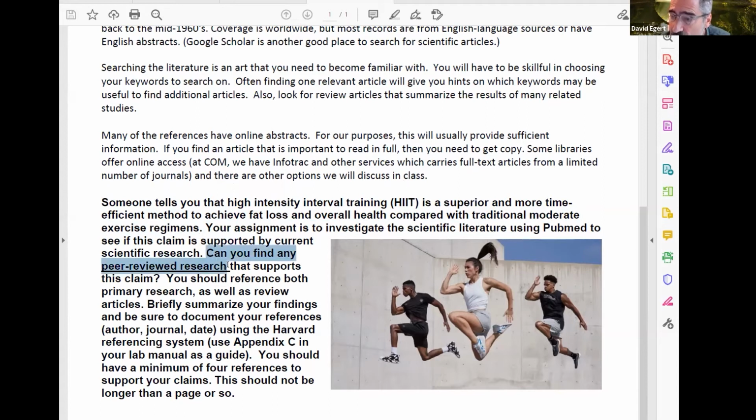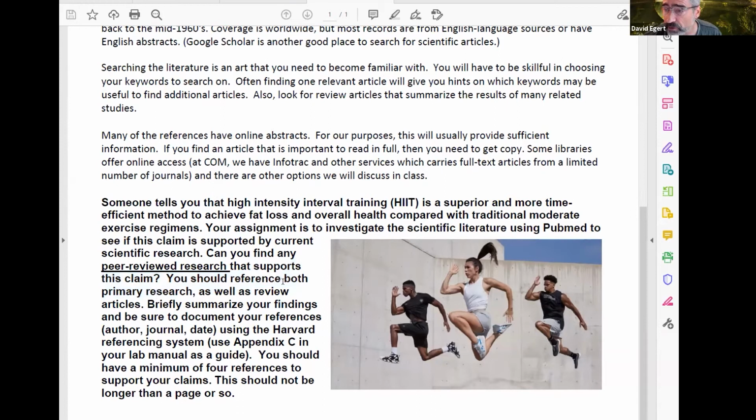And your job is to investigate the scientific literature. Have people actually looked at this? I did a quick little search, and I wouldn't have given you this assignment if nobody had looked at it. People have looked at it. Does the research support the claim?